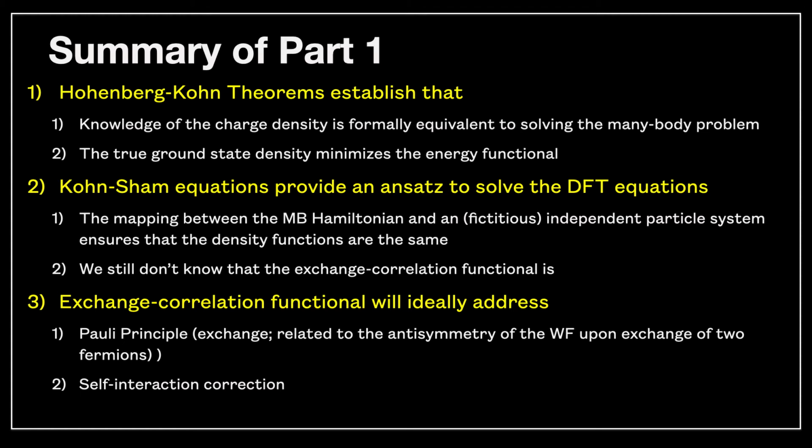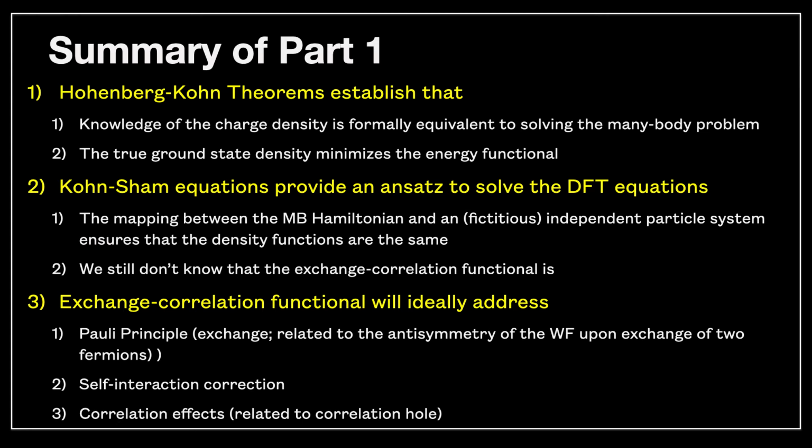It's very easy to see from the equations, if you remember part 1, that even if you had one single electron, the Hartree potential would calculate an interaction between the density and itself, which of course is not correct. So you would hope that the exchange correlation functional would address this by counterbalancing this incorrect interaction. This is called the self-interaction correction. It's a very important one.